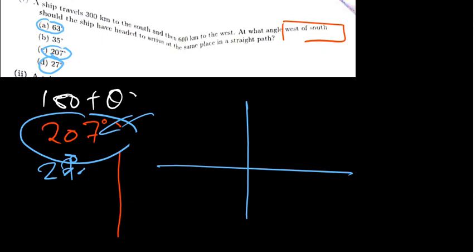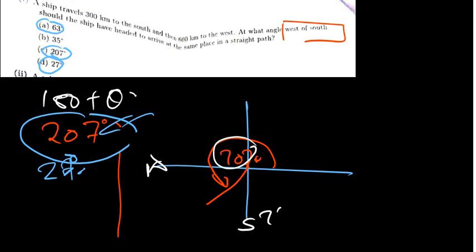Than west, not so. So if you check the 207 which you have, this 207 is from this point all the way to this line. But the question is asking us to find the angle which is supposed to be nearer south than west. So is this 207 near south than west? Yes, it's near west, but we're trying to find the angle which is near south. So what we have to do is we know that this line is going to be 270. So we need to say 270 minus 207 for us to find this angle which is going to be here.